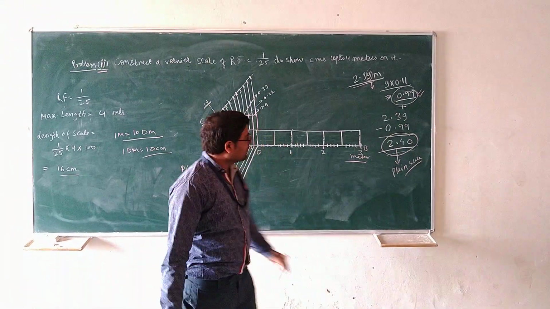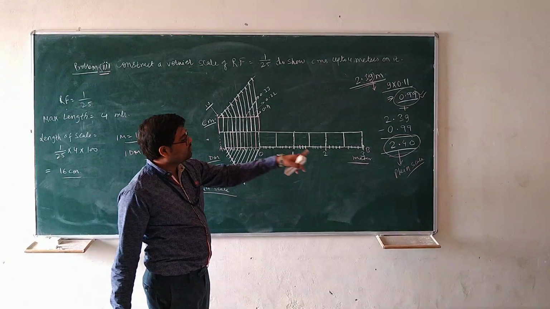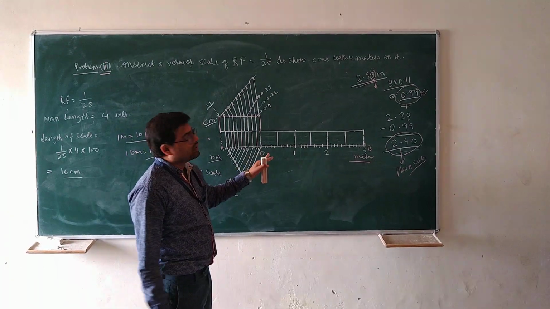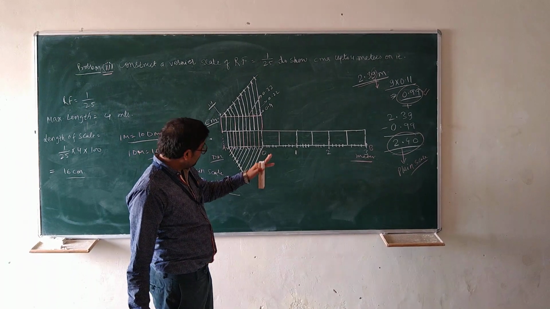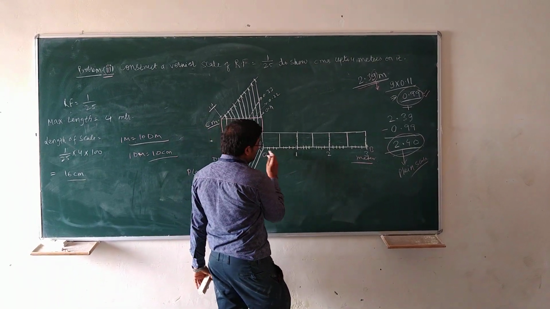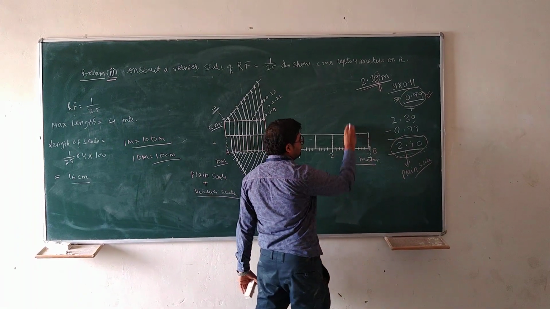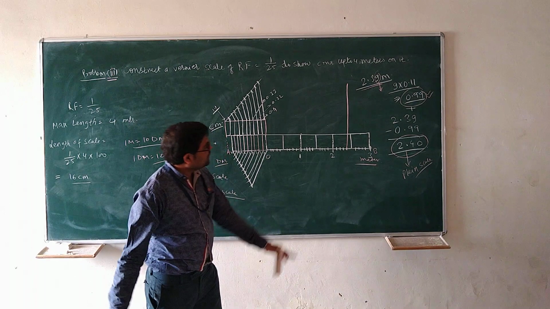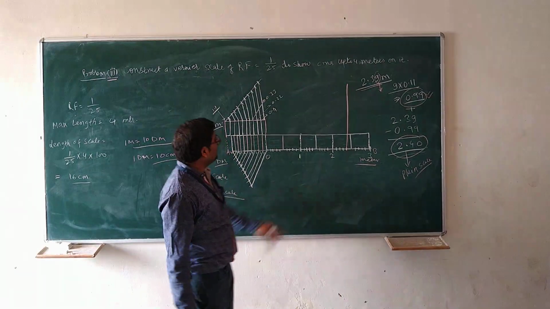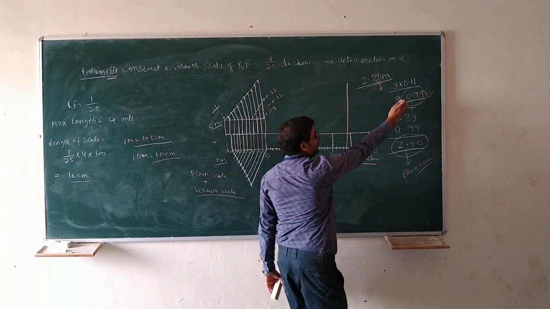Here we can measure this. We have to mark 2.4 on the plain scale. So where is the 2.4? Here 1, 2 and 1, 2, 3, 4. Here is the 2.4 on the plain scale, and in the vernier scale we need 0.99.